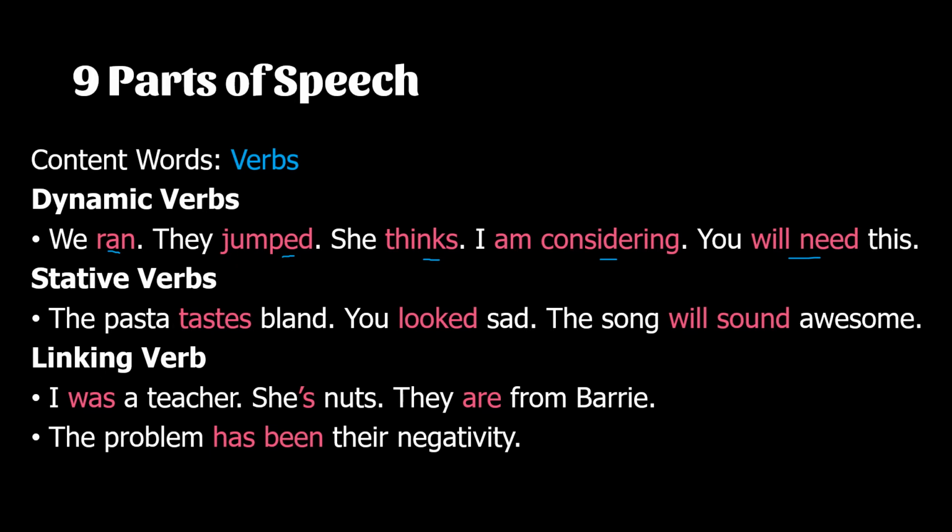But they are still mental processes, or there's activity that's going on in the brain. And need is an emotional activity. So these, although you can't necessarily visualize some kind of physical activity, they're still considered dynamic.